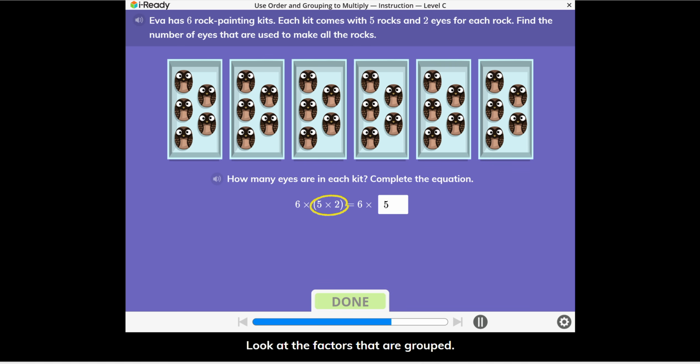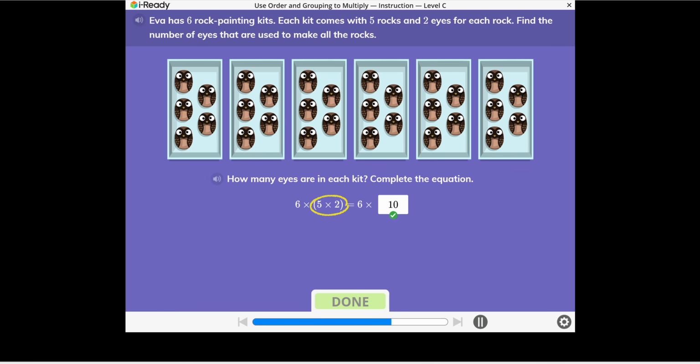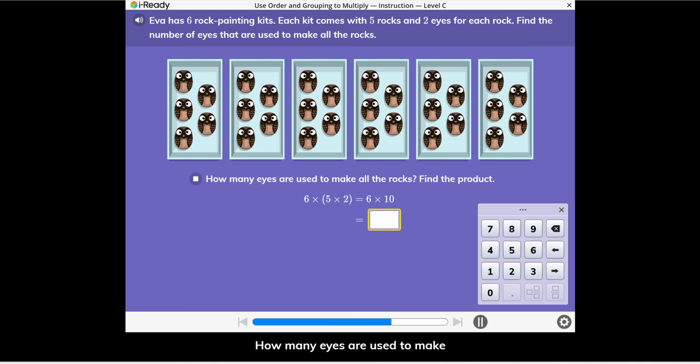Look at the factors that are grouped. There are 5 rocks in each kit, and each rock has 2 eyes. What is 5 times 2? That equals 10, guys. We are not lying. It's actually 10. How many eyes are used to make all the rocks?